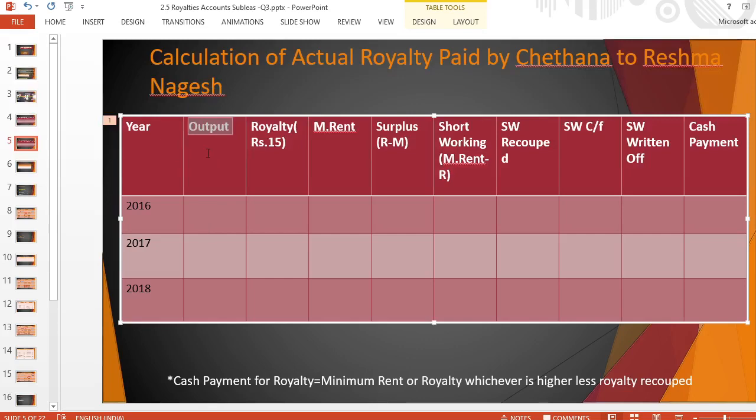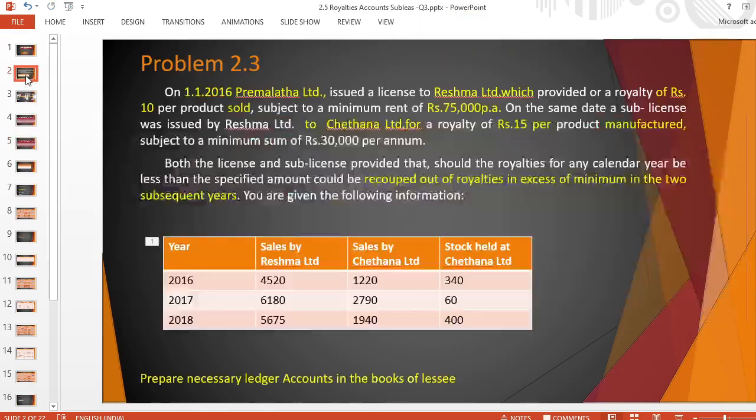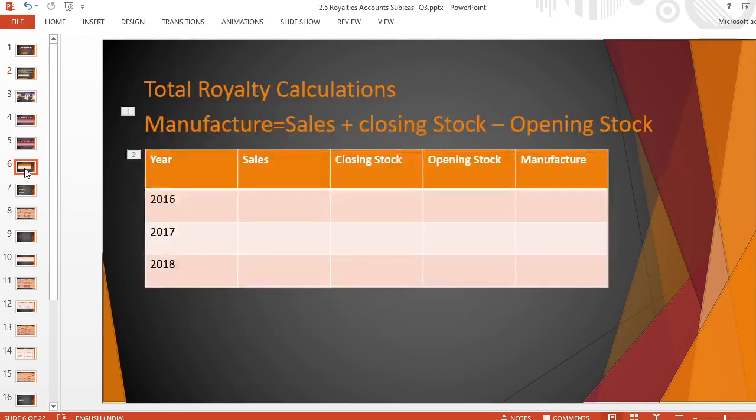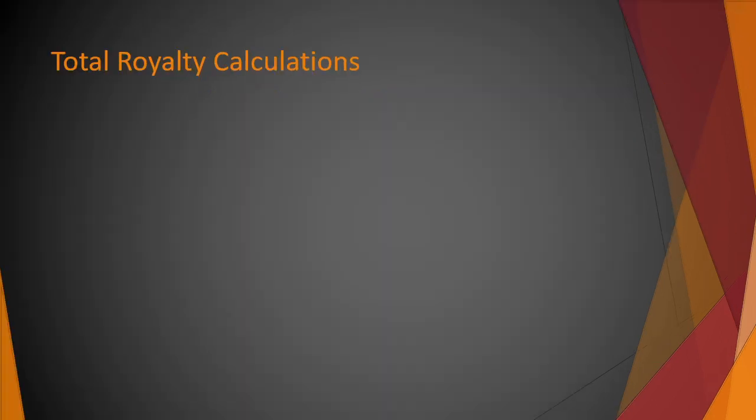As far as the manufacture, you can observe in the problem, they have given the sales and stock of sublessee, based on which we need to calculate the number of units manufactured by sublessee. So here I'll consider sales and closing stock of sublessee based on which we need to calculate the number of units produced.